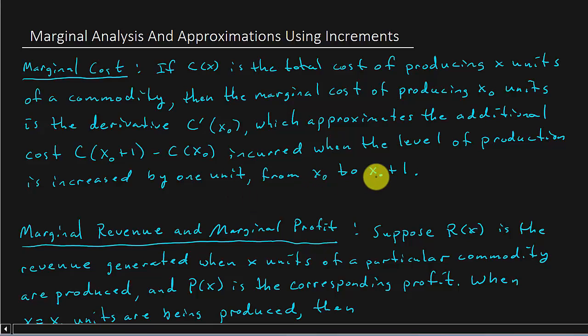So it's the cost incurred when you increase your production level by 1 unit.